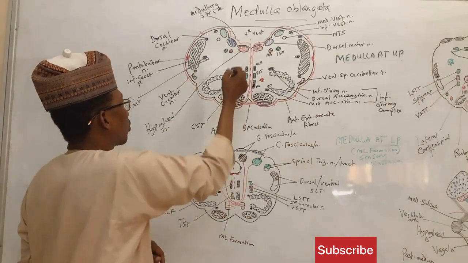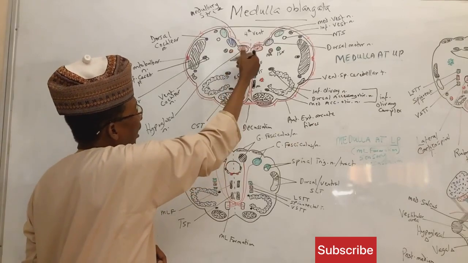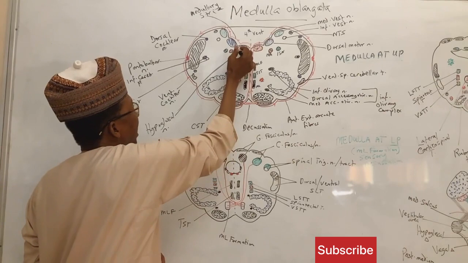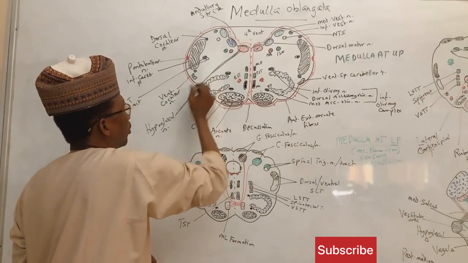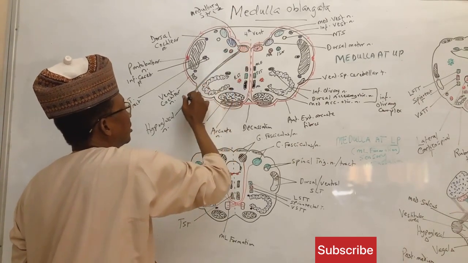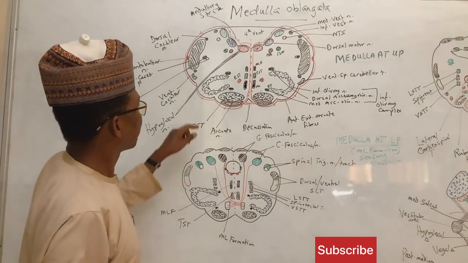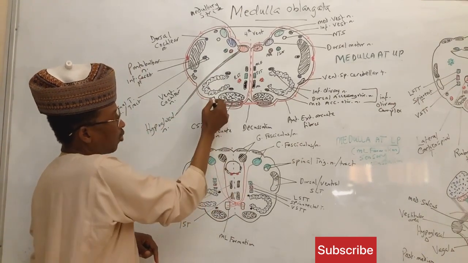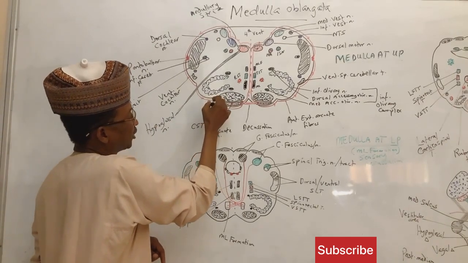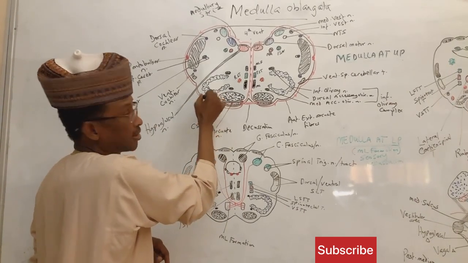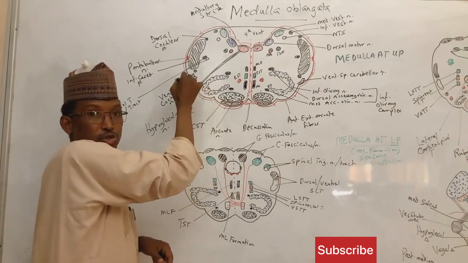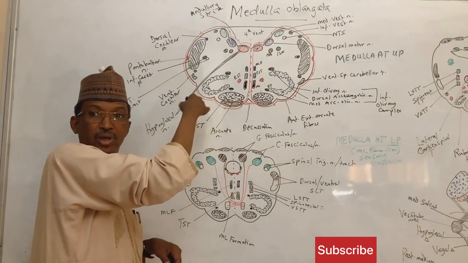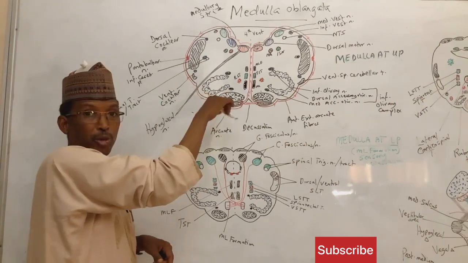And so this hypoglossal nucleus now, its own fibers come out like this from it. If you can remember, I said that the hypoglossal nerve exits between the olive, we said that we have what we call anterior lateral sulcus, and we also have posterior lateral sulcus, with regard to the anterior surface of the brainstem at the level of the medulla there.